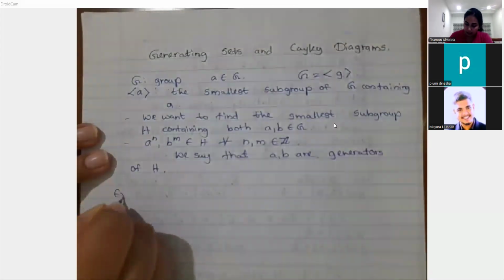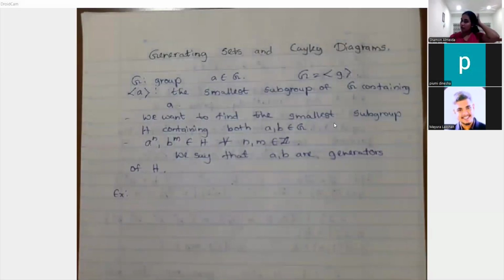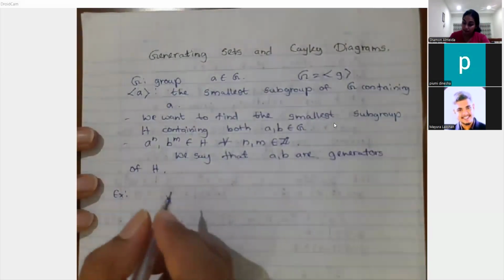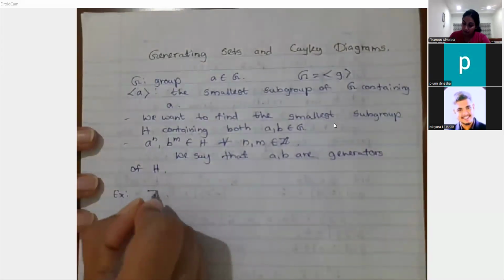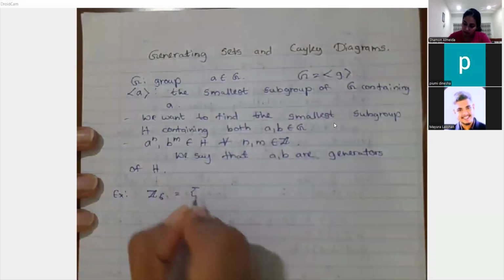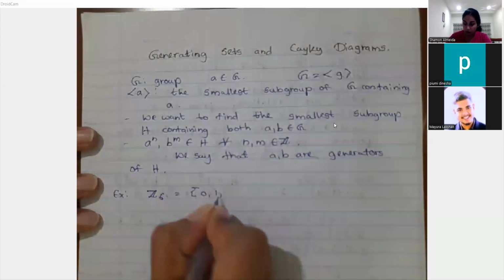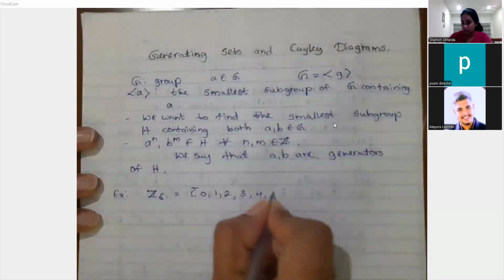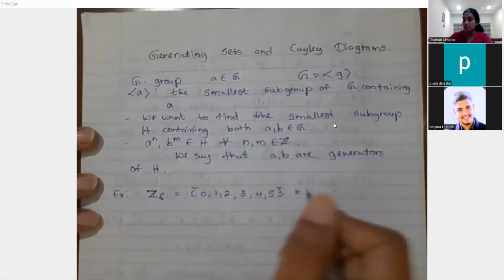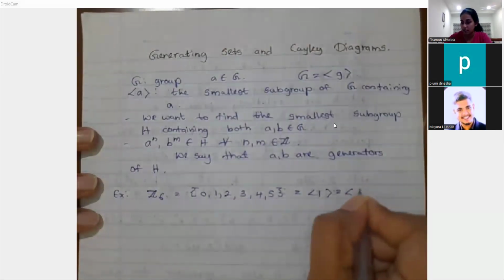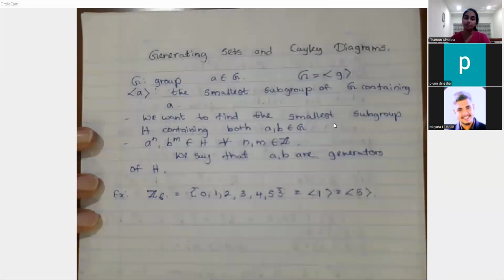Okay, let's take a look at one example that we are very much familiar with. Let's go with the cyclic group, an easy example, right? We have 0, 1, 2, 3, 4, and 5. This is generated by definitely 1, then we have another generator, 5, right?